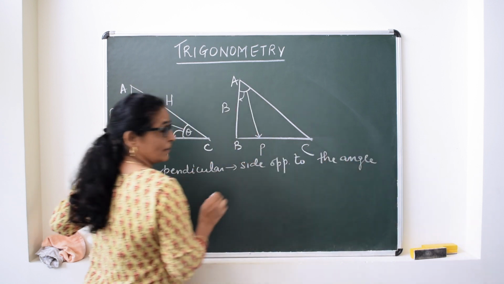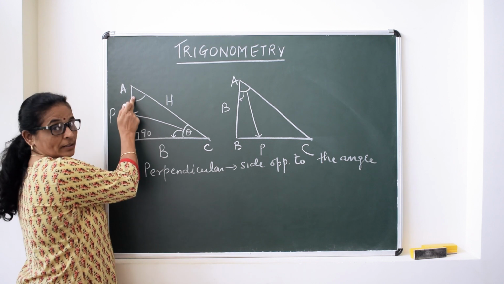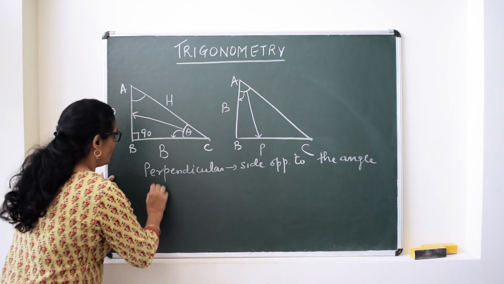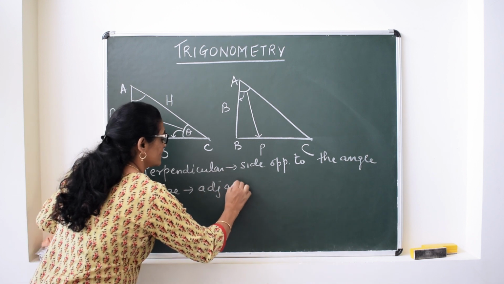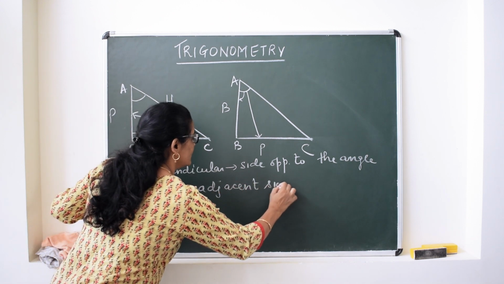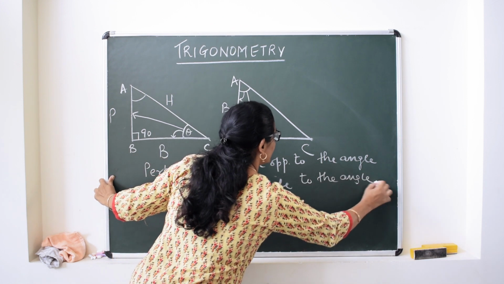Now this angle can be either this acute angle or this one. Similarly, for base, we will call it the adjacent side, adjacent to the angle.